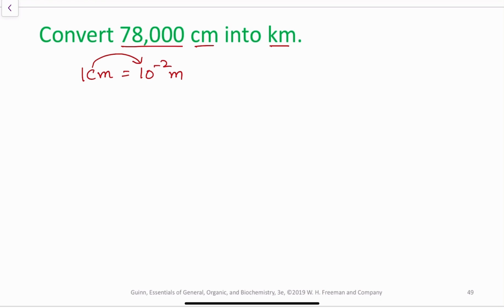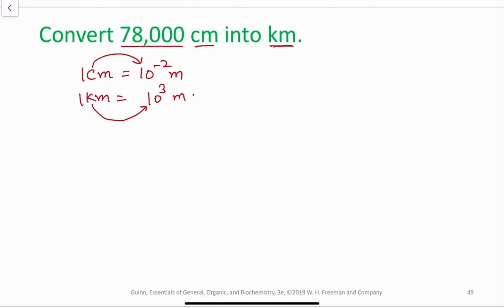But centimeter is not directly connected with kilometer, which we needed. So we have to know one more equivalency. Can I say 1 kilometer is 1,000 meter? Yes. So instead of writing 1,000, I'm going to write 10 to the power 3 meter, 1,000 meter, right? Kilo.